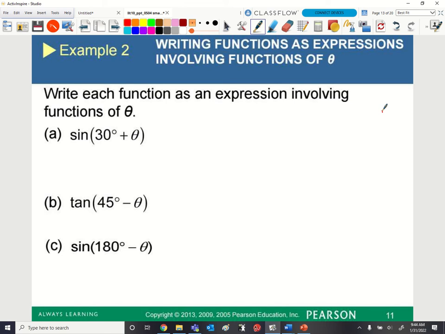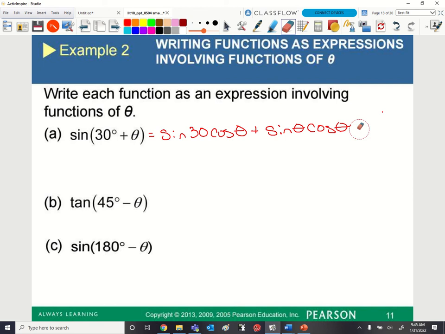Writing it out, it turns into sine 30 cosine theta plus sine theta cosine 30.